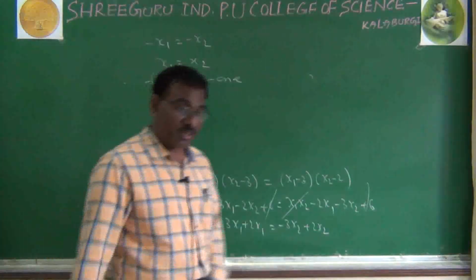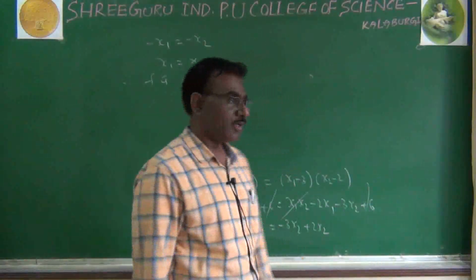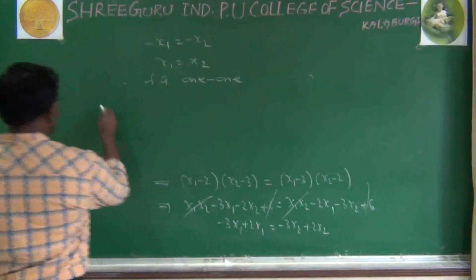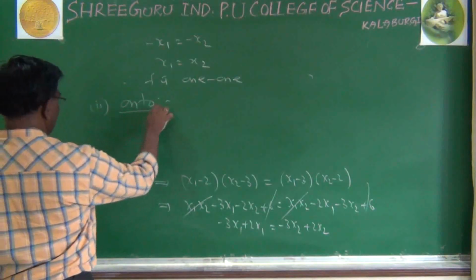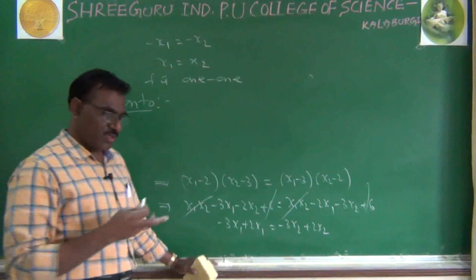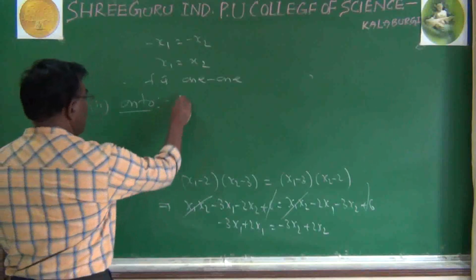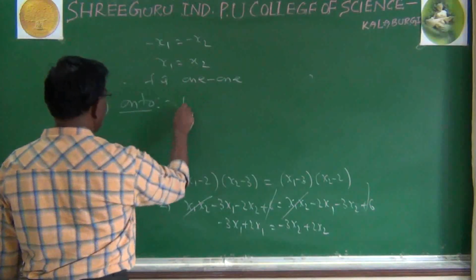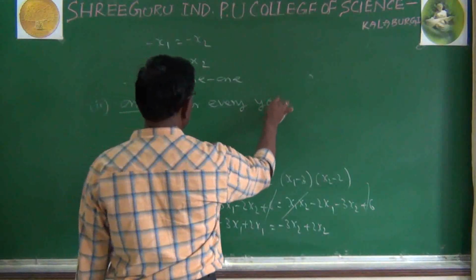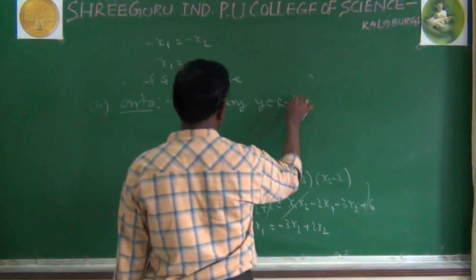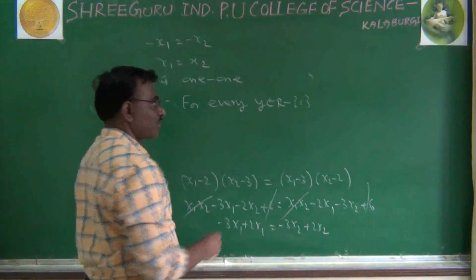So what is the second part? Onto. Whether onto is possible or not. Second, part two, I am taking onto. The question asks whether the function is one-one, onto or bijective.